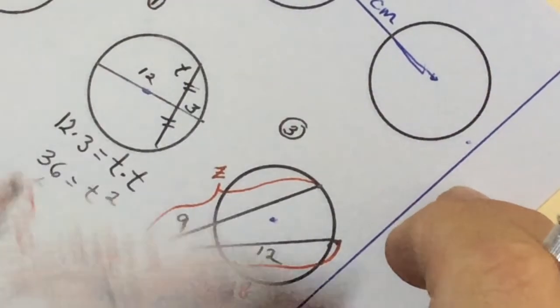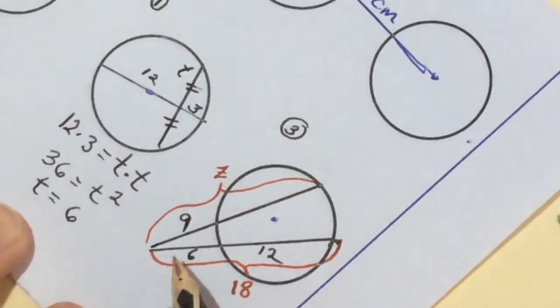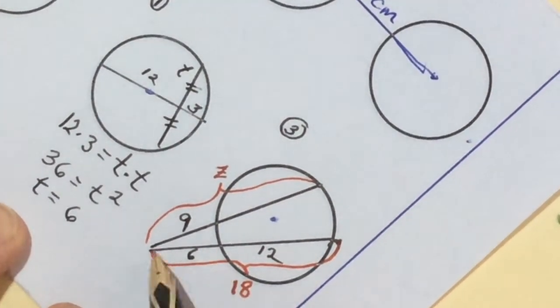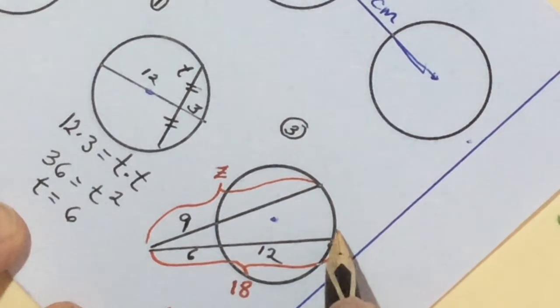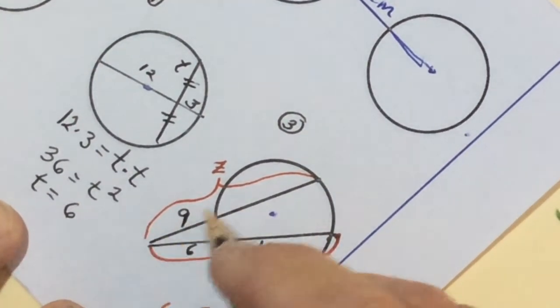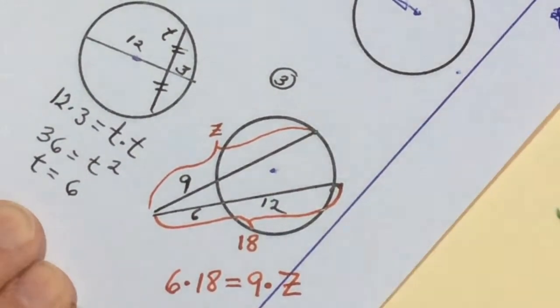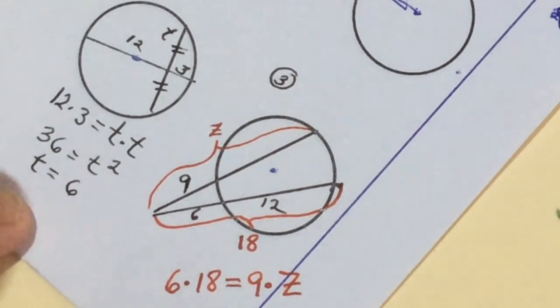So what does that mean for this one? Well, it means the distance 6, or this distance here, times 18 is going to equal this distance here, 9, times the whole distance, which is z. Okay? 6 times 18 is equal to 9 times z.